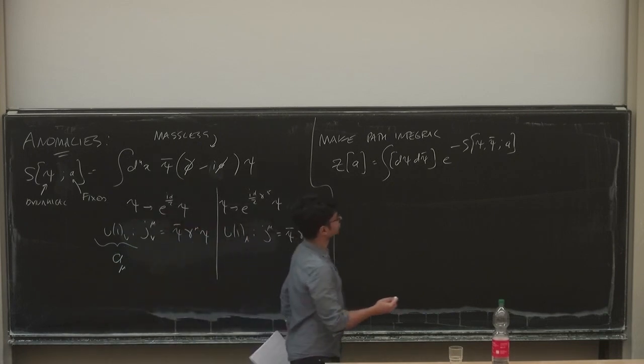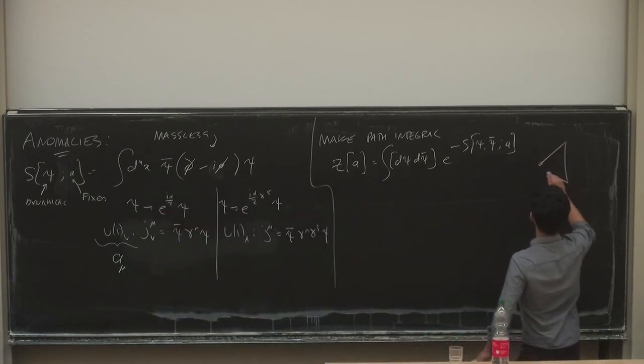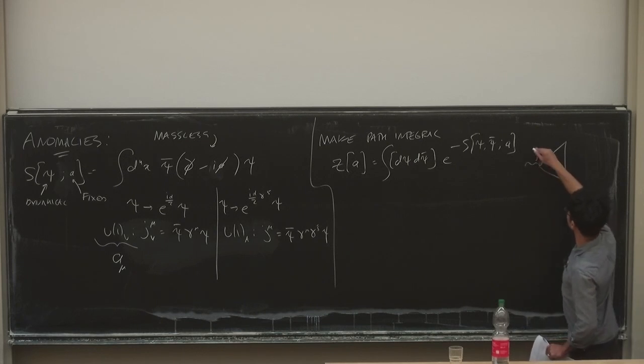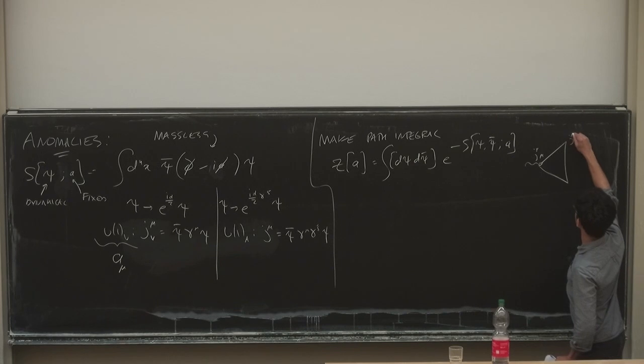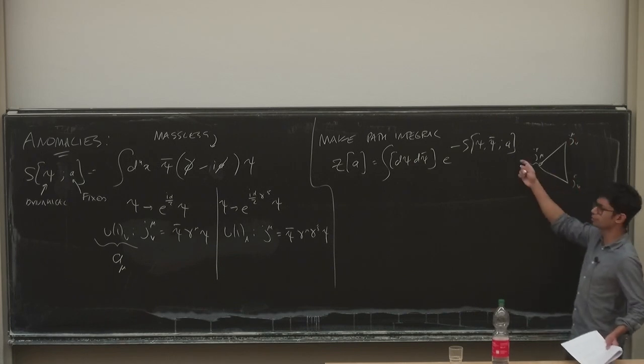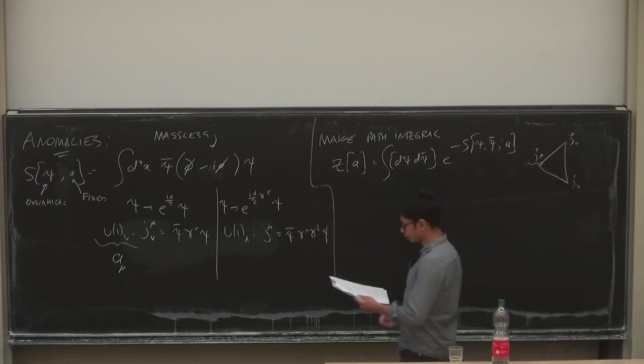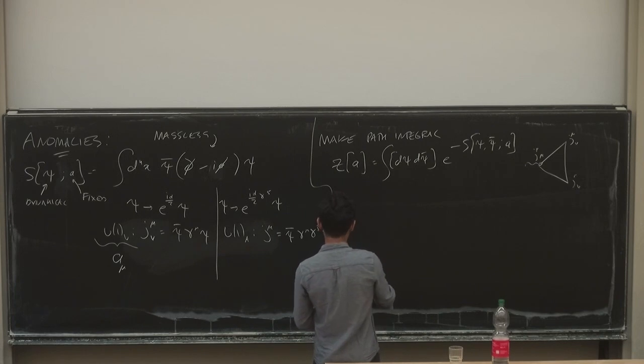What you do is you calculate a triangle diagram that looks like this, and then if you have the axial current here, so this is J mu axial, and you have vector current insertions here, this diagram should be 0 if you compute the divergence of this, but it's not 0 for deep and cool reasons. And what you find is that the axial current is no longer conserved.